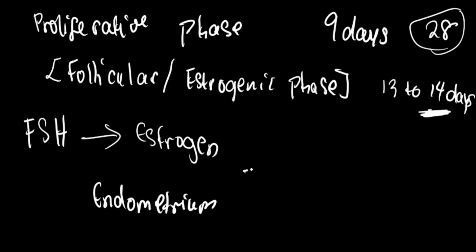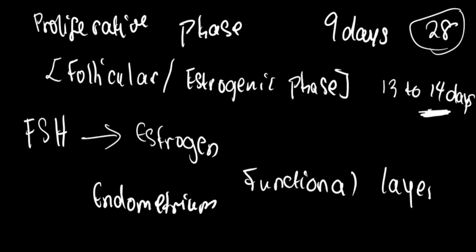Remember that in the menstrual phase, we had the sloughing off of the functional layer of the endometrium. Now, what happens in the proliferative phase is that, first of all, it coincides with ovarian follicle growth, and also we have the regeneration of the functional layer.